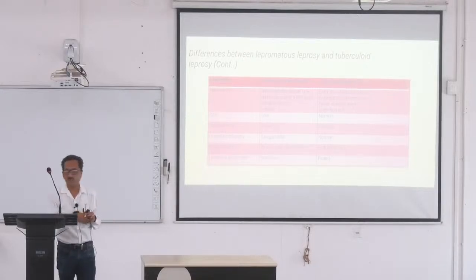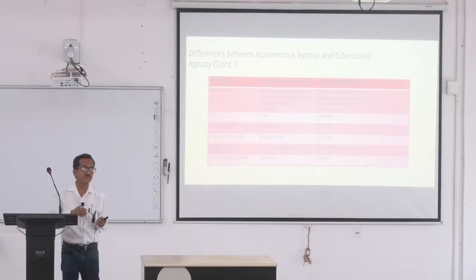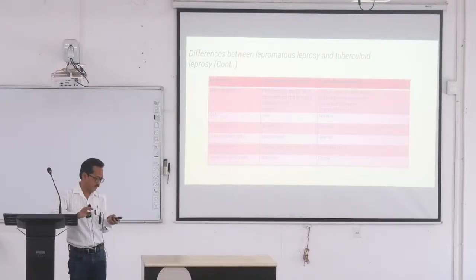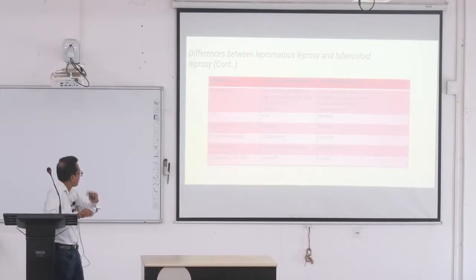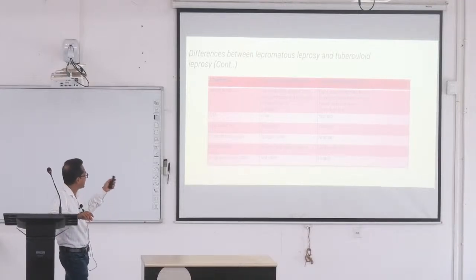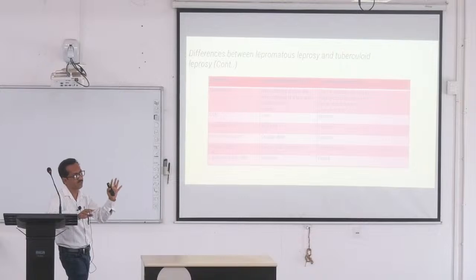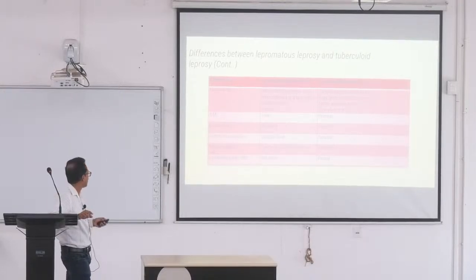As it is an intracellular organism, there is very small role of humoral immunity in the cure or treatment of leprosy. So CMI, cell-mediated immunity, is the most important part in leprosy. That's why the prognosis of treatment is better in tuberculoid type and worse in lepromatous type.